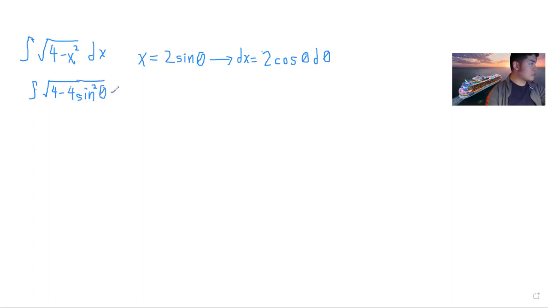Okay, dx would be 2 cos theta d theta. And okay, so this would be the square root of 4 cos squared theta. That's 2 cos theta. 2 cos theta times 2 cos theta is 4 cos squared theta d theta.